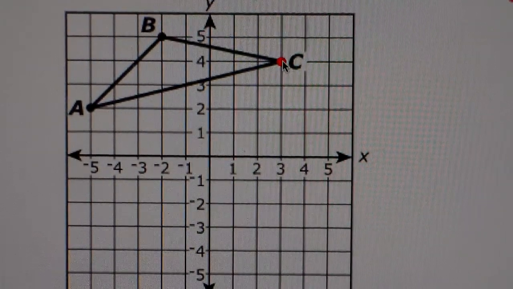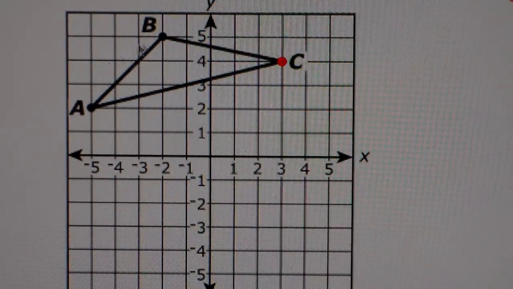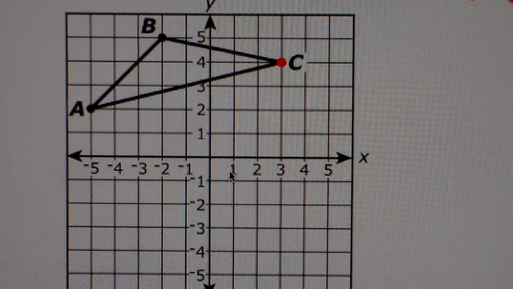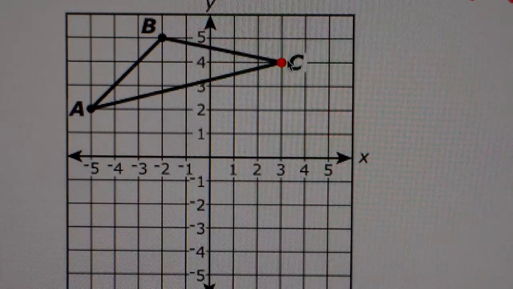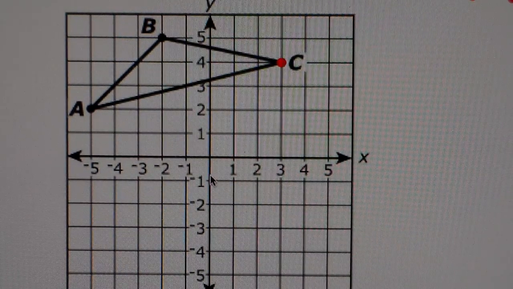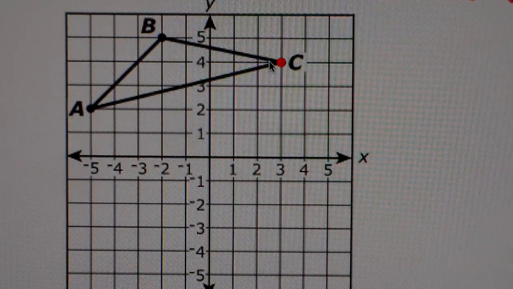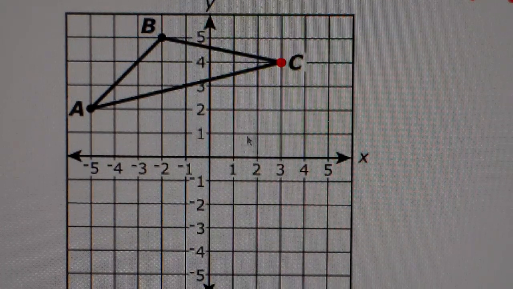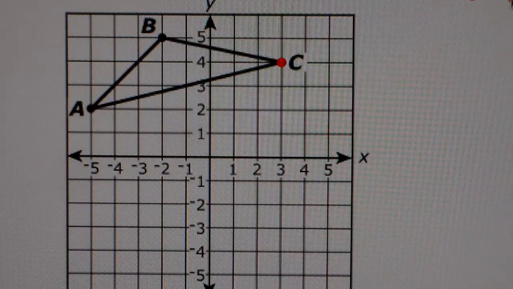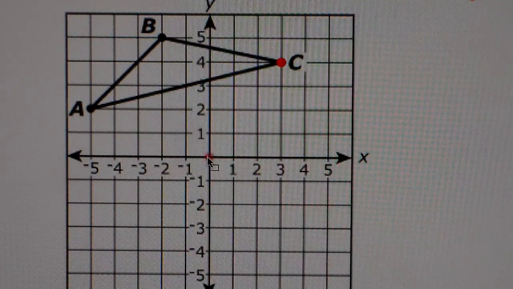But first, before we do that, we have to take all three of these coordinates and move them down, and we have to change the center of rotation to be in the center of our axes. So coordinate C needs to go down 4 and to the left 3, so it's the center of our rotation.